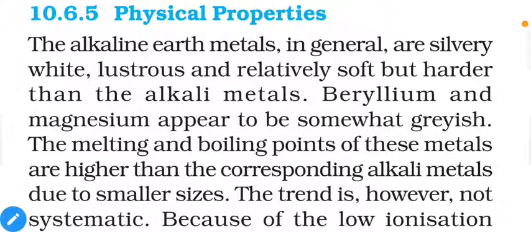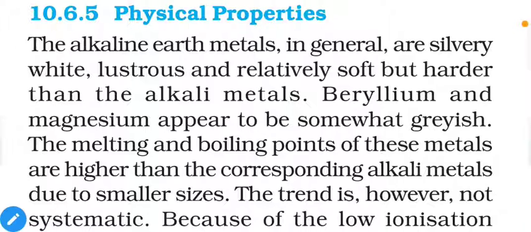The number of valence electrons in group 1 is 1 and in group 2 it is 2. Because of very few electrons, their metallic bonds are comparatively weaker. As the number of valence electrons increases, bonds become stronger. So these metals have comparatively fewer valence electrons, and that's why they are soft.